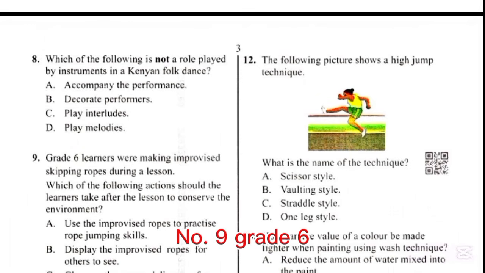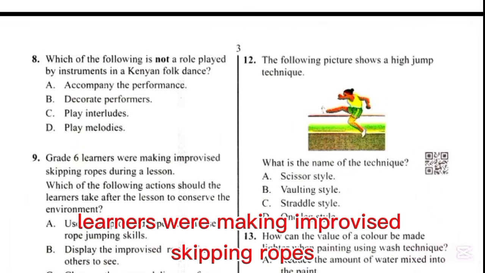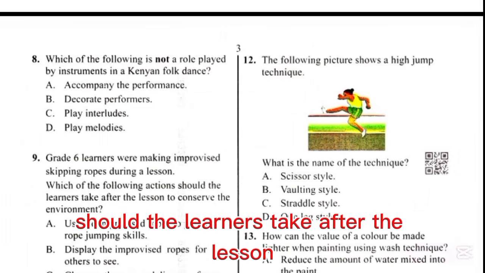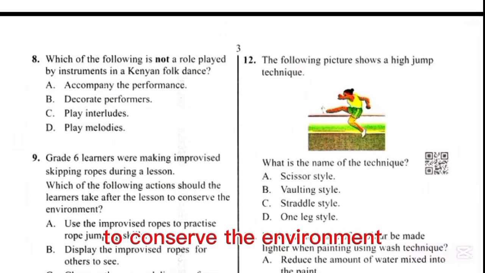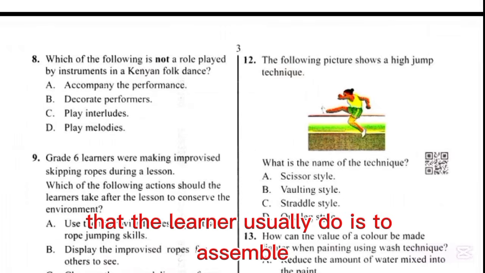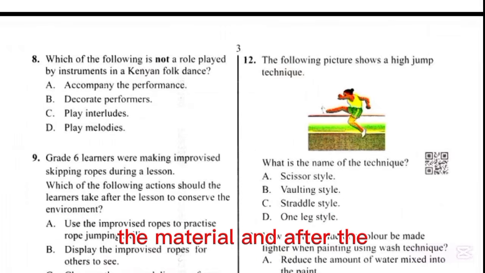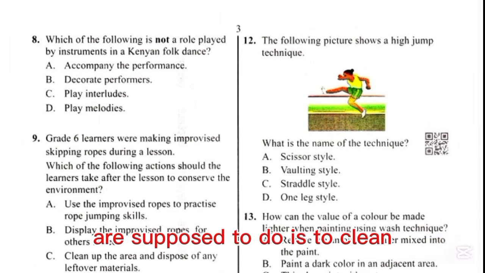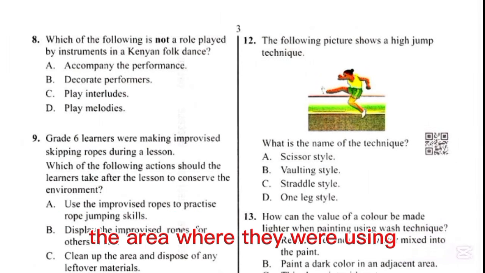Number 9. Grade 6 learners were making improvised skipping ropes during a lesson. Which of the following actions should the learners take after the lesson to conserve the environment? Remember, before the lesson, the first action that the learners usually do is to assemble the materials. And after the practical, the last step that the learners are supposed to do is to clean the area where they were working from.